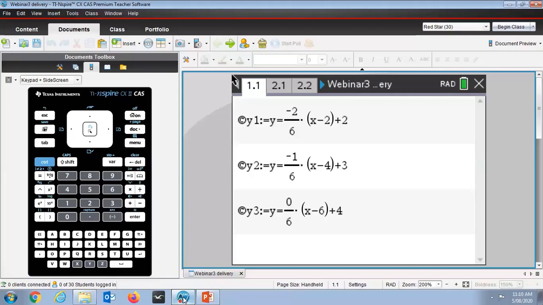calculator page. And I have started this one up because we have a limited amount of time in this webinar with putting in a reminder of the 3 lines that we came up with, the first 3 lines, which in webinar 2 we called Y1, Y2, and Y3.